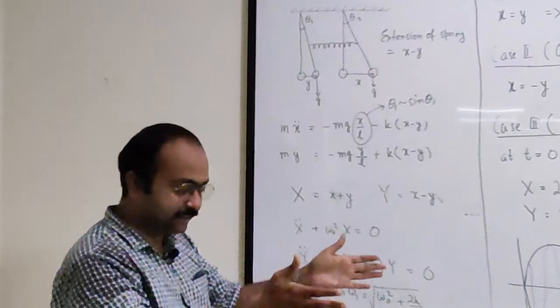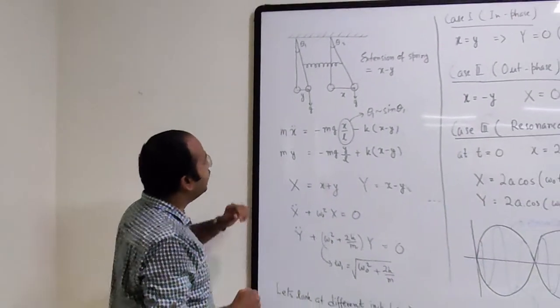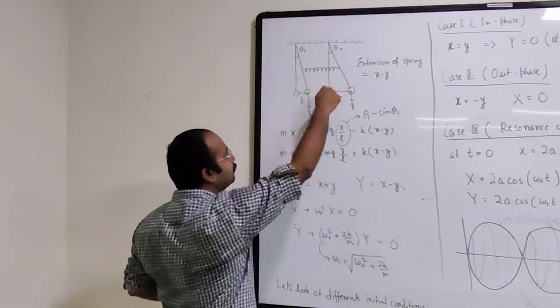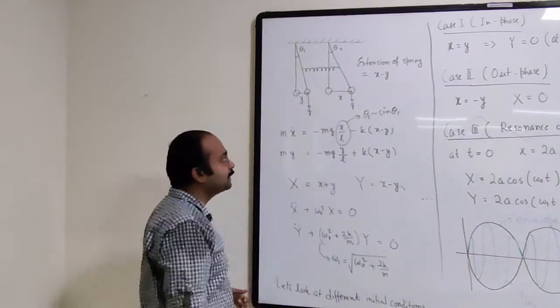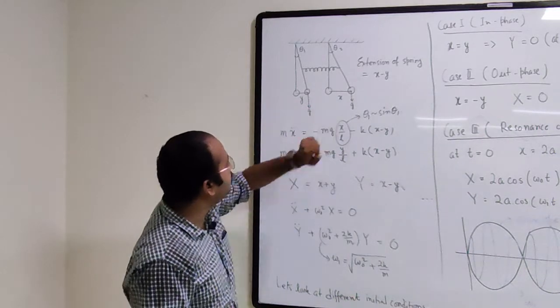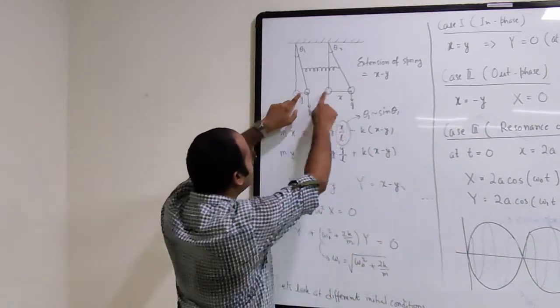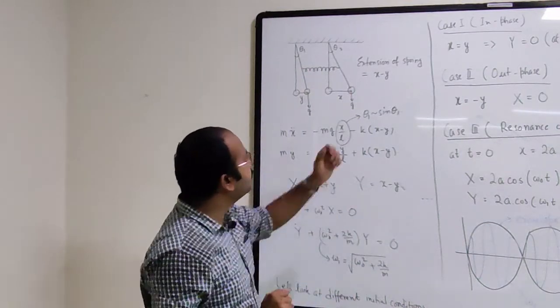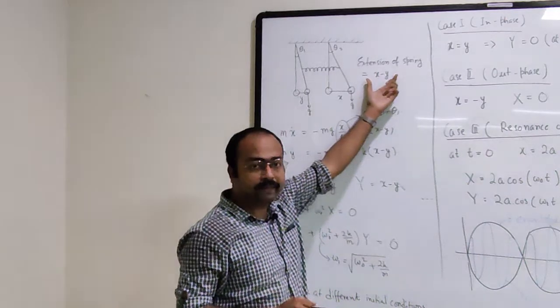So it is unstretched. Now let's say that you move this bob by a distance y and move this bob by a distance x. So these are all small y and small x. Gravity is acting downwards. So as you do this, the spring will get extended by an amount x minus y.